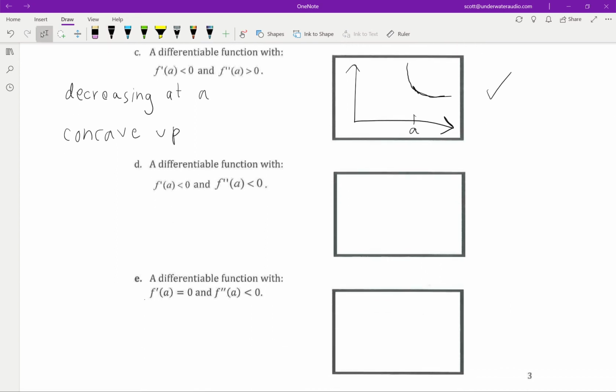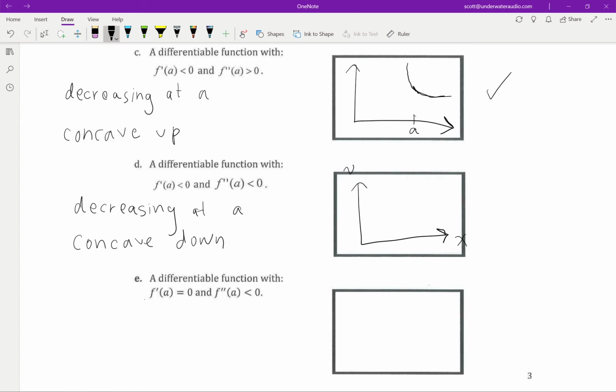Okay, a differentiable function where it is, let's see, that's less than 0, so it's decreasing at A. And this time it's concave down. All right, so I got an x-axis and a y-axis, and we'll put our point right here.